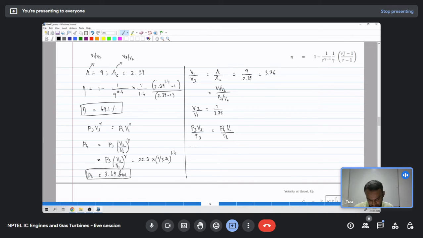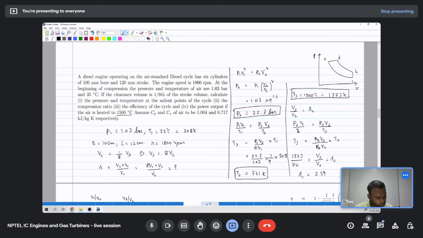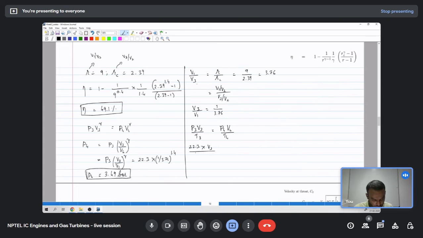P3 is 22.3 into V3, T3 is 1773 Kelvin, equal to P4 which is 3.49 bar into V4 divided by T4. So T4 is what we have to calculate.